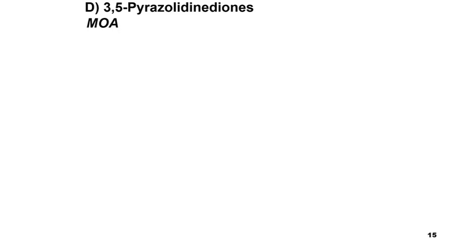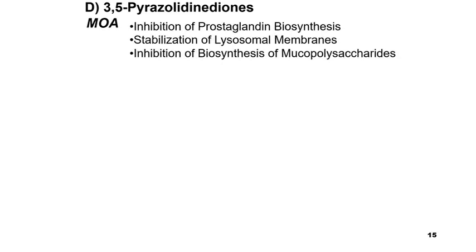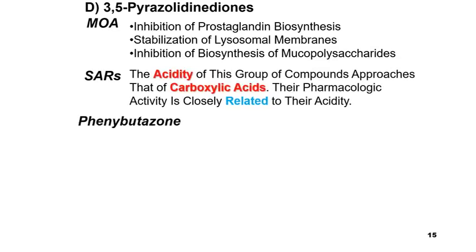The pyrazolidine dione class of non-steroidal anti-inflammatory drugs, they are able to inhibit the prostaglandin biosynthesis in a way similar to the carboxylate derivatives, while they do not possess carboxylic acid residue. Their acidity is related to their structure.